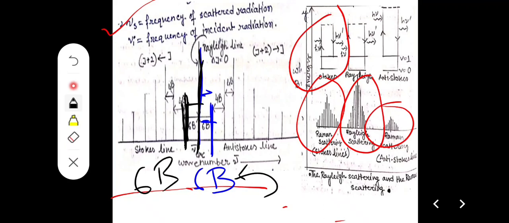So what we understand is that from the Rayleigh line to the first Stokes line as well as the first anti-Stokes line, the spacing, or the difference, is 6B. B is the rotational constant.